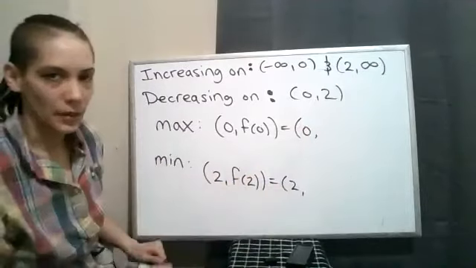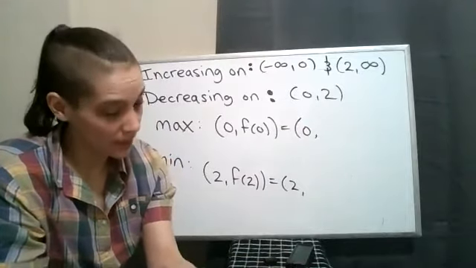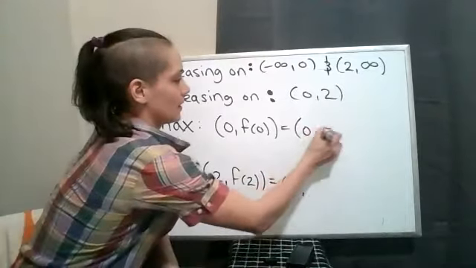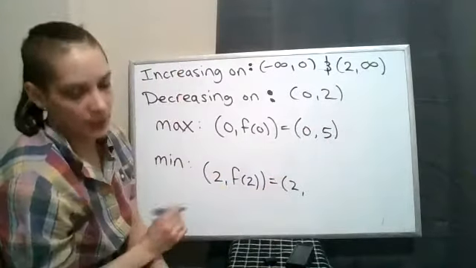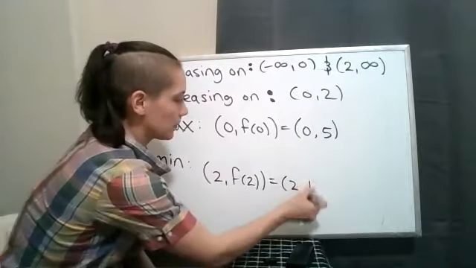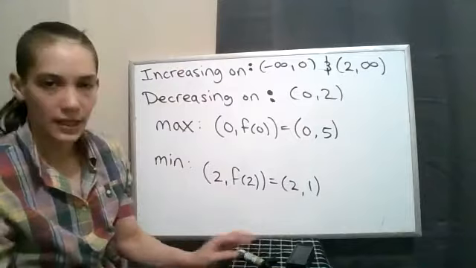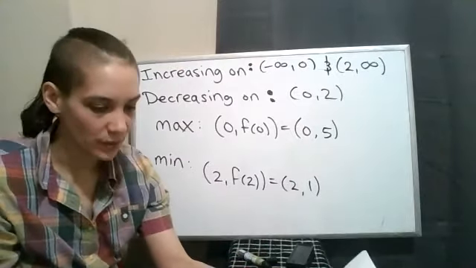Okay, so again, back to the beginning. You put in 0 and you get out 5. And if you put in 2, I got positive 1. And then I think we keep on working with this function.